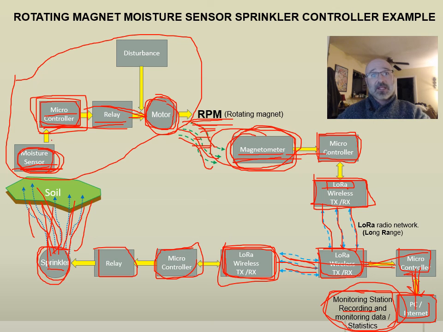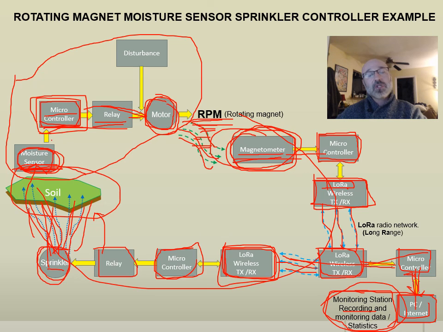So it may be to kick the sprinkler on a little bit longer, it may be to increase the flow of water coming out of it, all types of things, or there may be another application coming out of here to dry the soil. So a couple different versions of this system here, but we can see how this feedback loop becomes very important here, and all for a simple task of controlling the moisture content of our test bed.